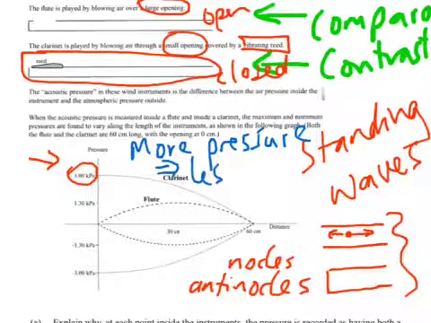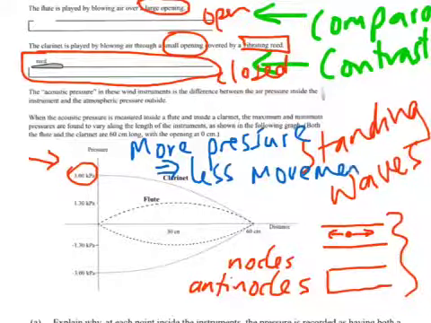Okay, think about why that is. If you've got more pressure, there'll be less movement. Why? It's because the air particles that are under pressure do not have as much freedom to move, clearly.